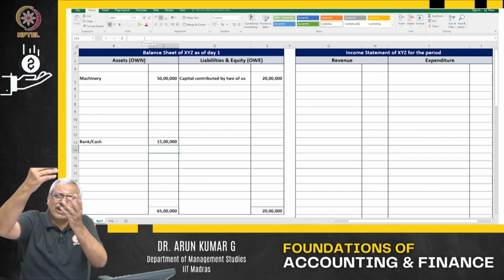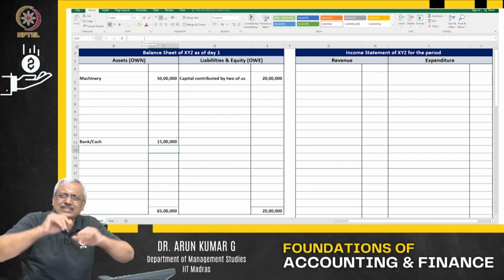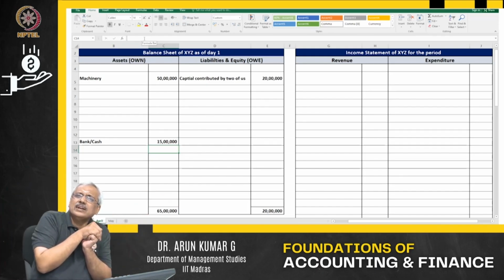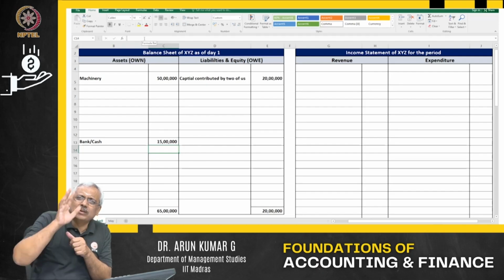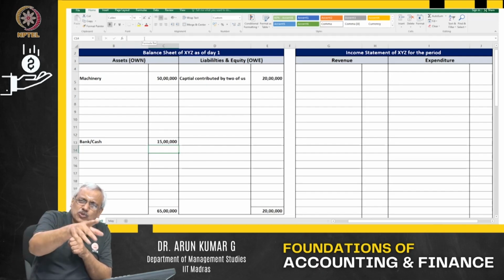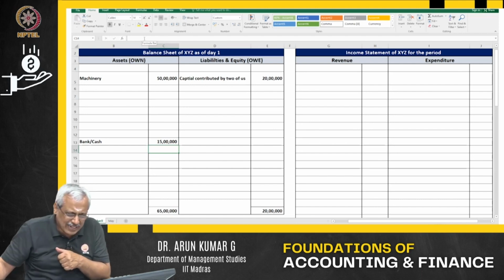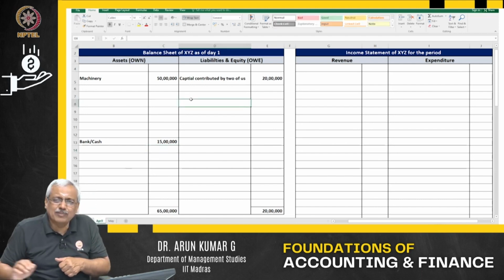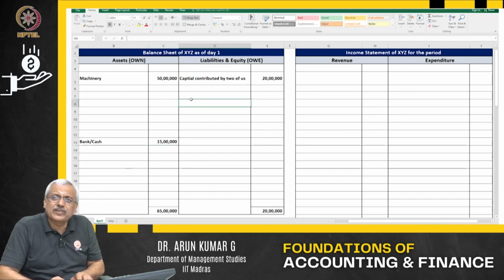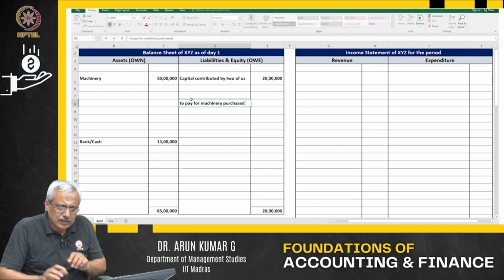When? Maybe after a year, maybe after 6 months, maybe after 3 months. Let us not worry about all that. But you owe the money to the fellow who has sold the machinery to you. Do you owe the money? Yes. So, when I owe the money, where does it come? It comes here. The money that is to pay for machinery purchased. How much you have to pay?